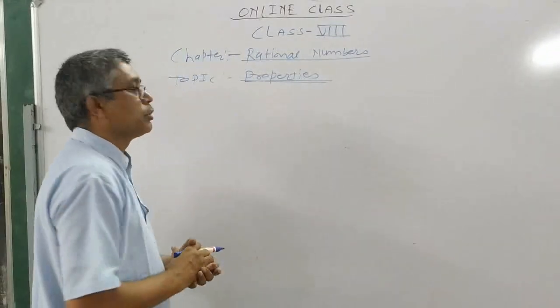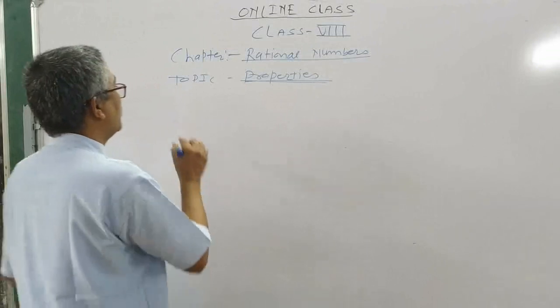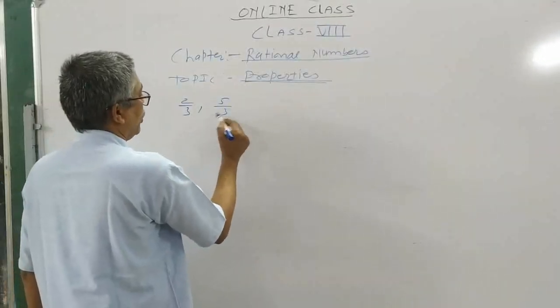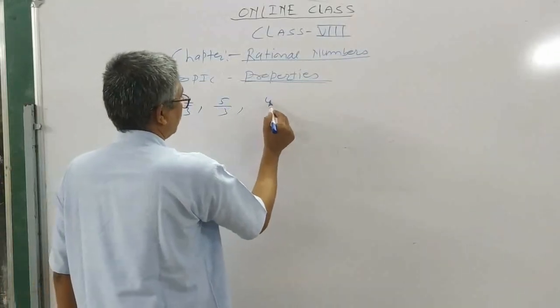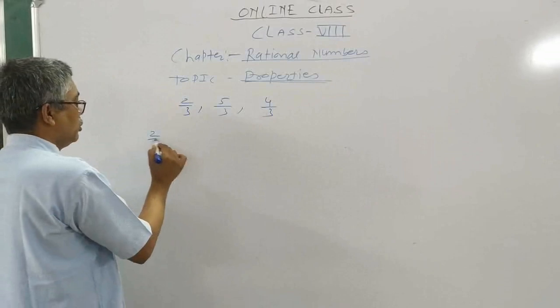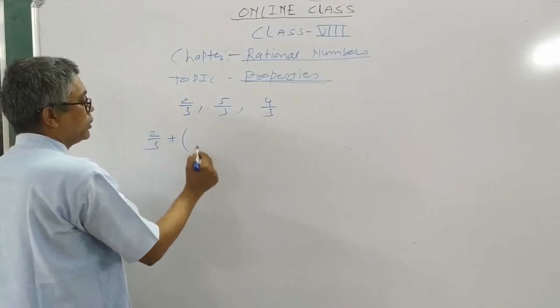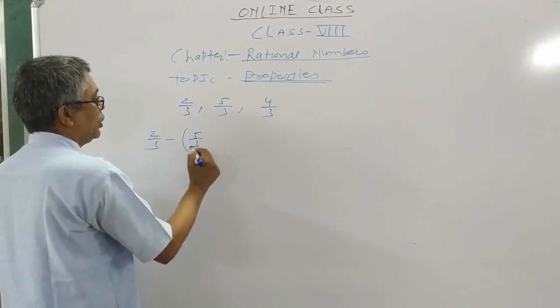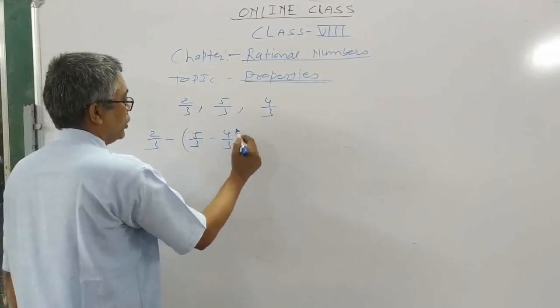करेंगे. Suppose we have three rational numbers: 2/3, 5/3, 4/3. Now here we take 2/3 minus, in a bracket, 5/3 minus 4/3.